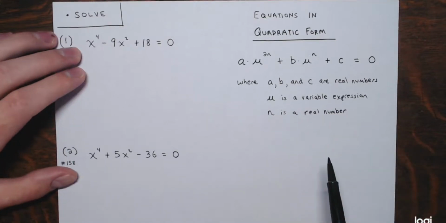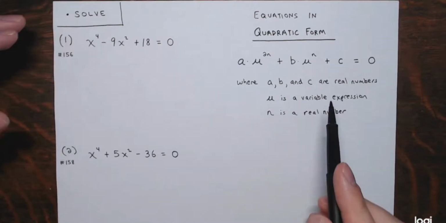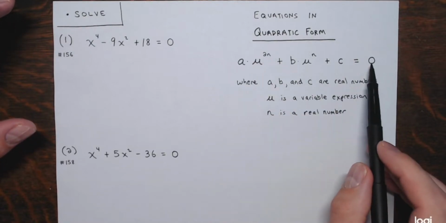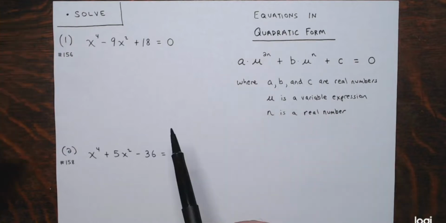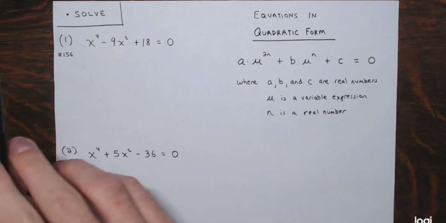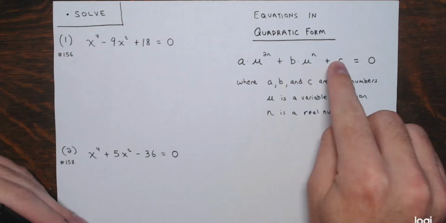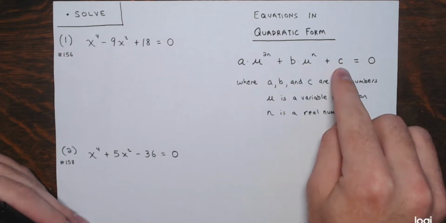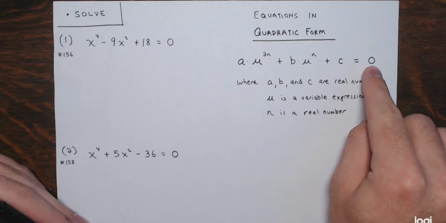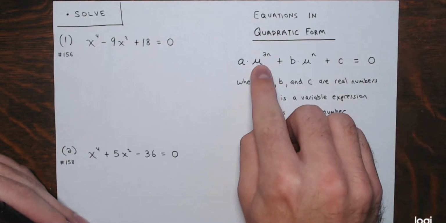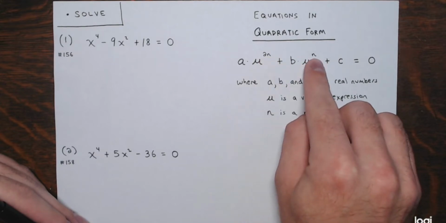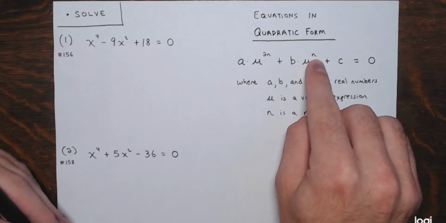So basically, if you can get an equation in this form, they'll say it's quadratic in form. You've got three terms added together on one side equals 0 on the other, and the power on the first term is double the power of the second term, just like a quadratic.